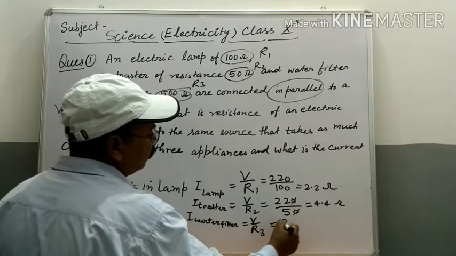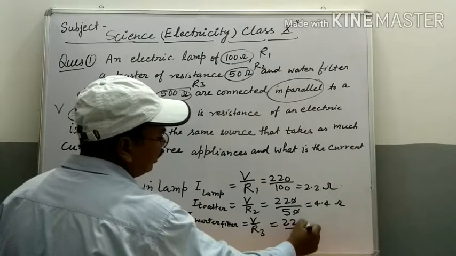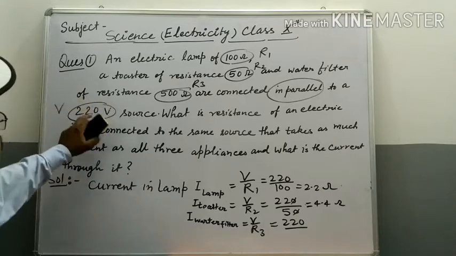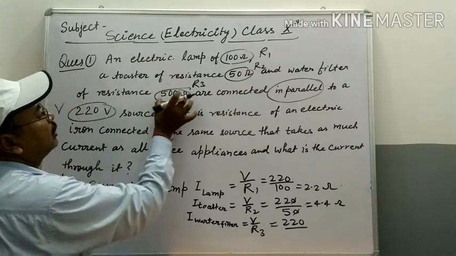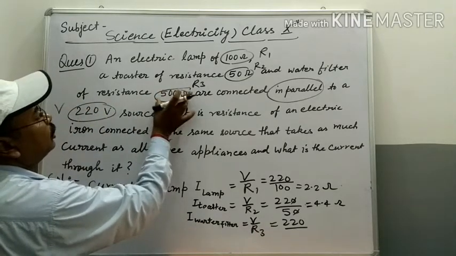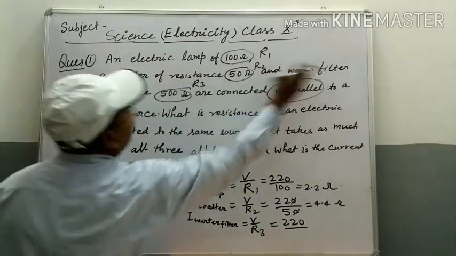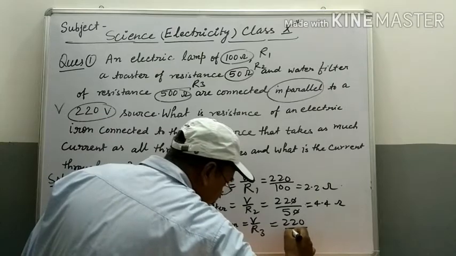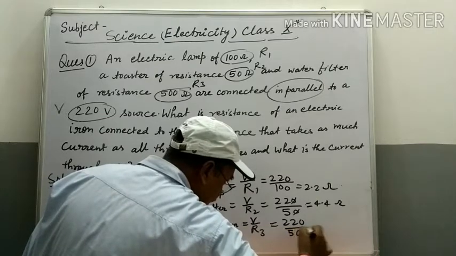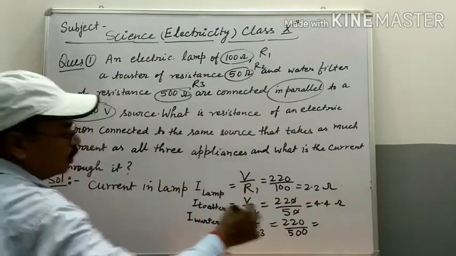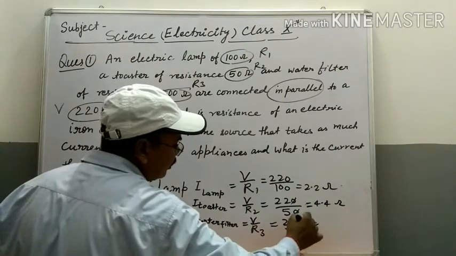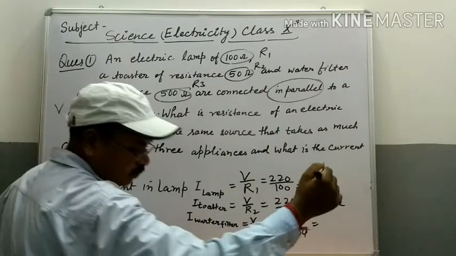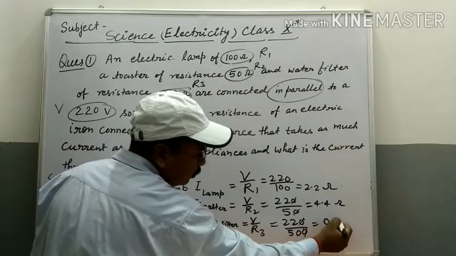The value of V 220 volt, already parallel connection, the value of voltage is same. You have verified students 220 volts, and here specified R3 resistance in water filter 500. 500 it means student 500. That's students 0 cancel here, and that is 0.44.